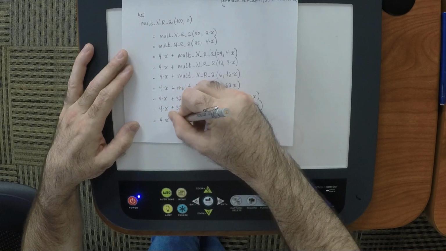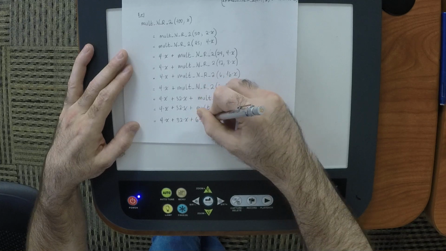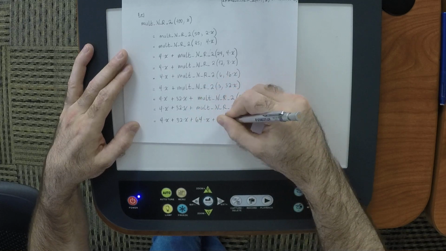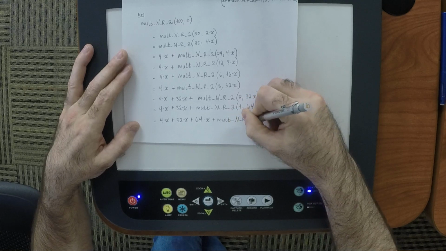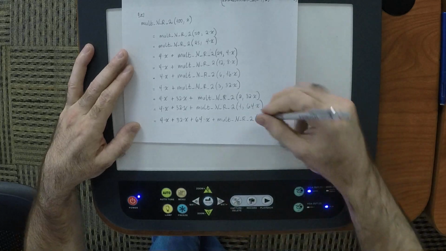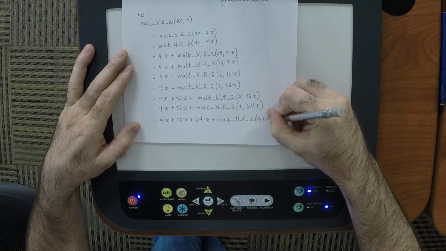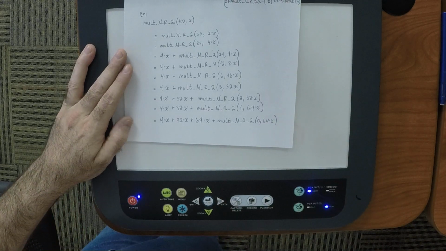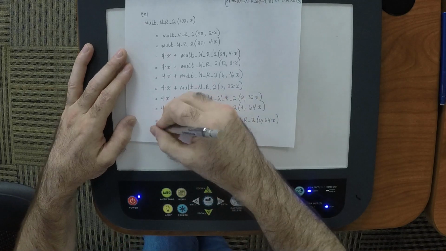So 4x plus 32x plus 64x plus mult in R2 of, oh, 0 and 64x. And now finally the first argument is 0, which means that this function evaluates to 0, and we get this.